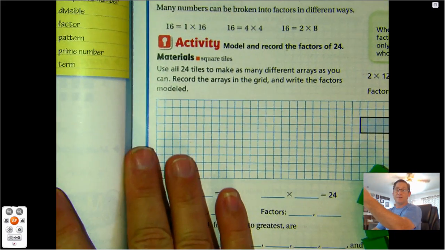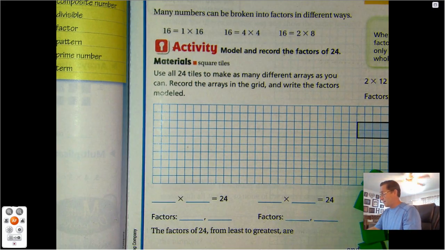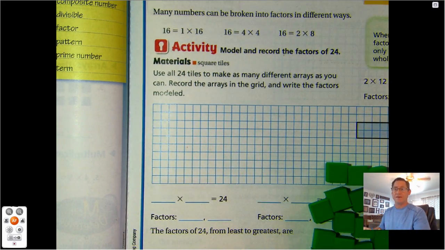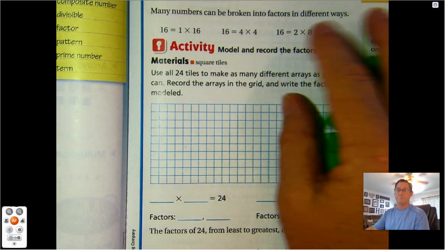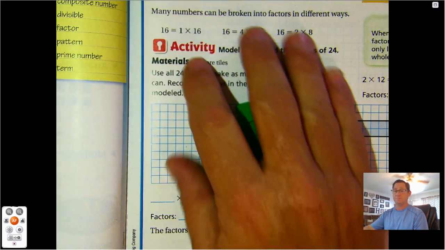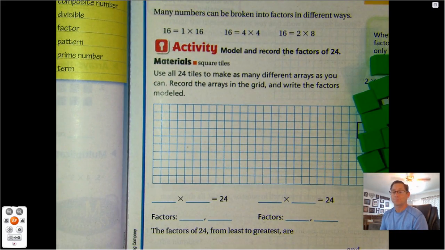And so in this activity, we're going to model and record factors of 24. If you have tiles, that'd be great. If you have marbles, toothpicks, beans, cubes like I'm going to use, but 24 of something.